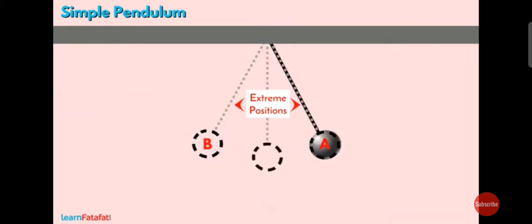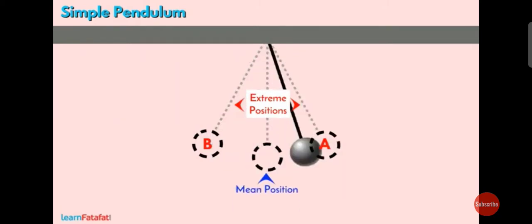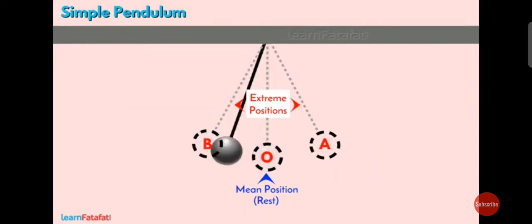There is a moderate position between the two extreme positions. It is called the mean position of the pendulum. Let's denote it by O. When the bob is at rest, it is at its mean position, that is O. The motion of the bob, that is the motion of a simple pendulum, repeats itself after a certain time.